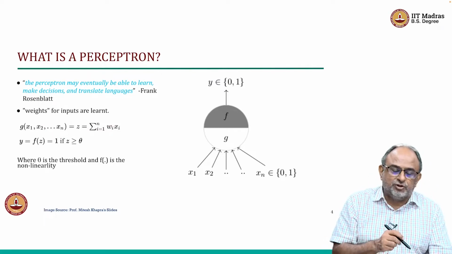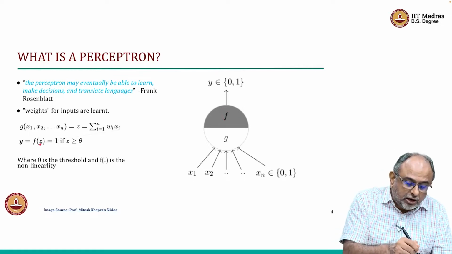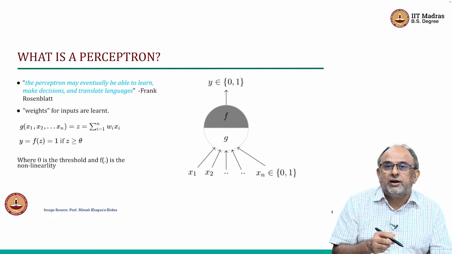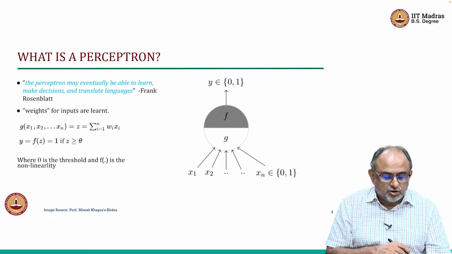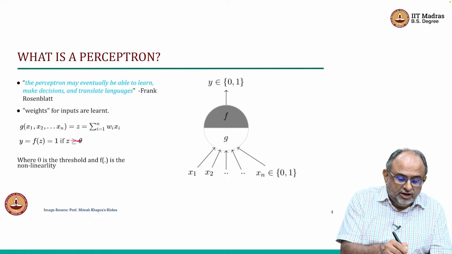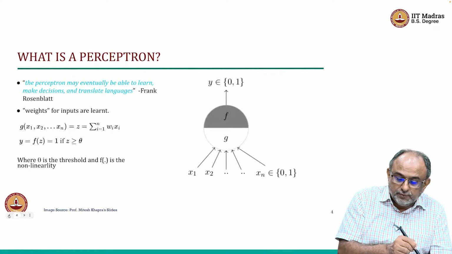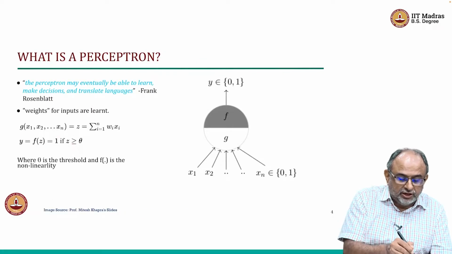The power of neural networks, I keep harping, is because of this non-linearity. Now what happens is that Z, which is a number, is going to go through a non-linear transformation. For example, I can have some kind of a step function: if it is above the threshold, then it will be 1.